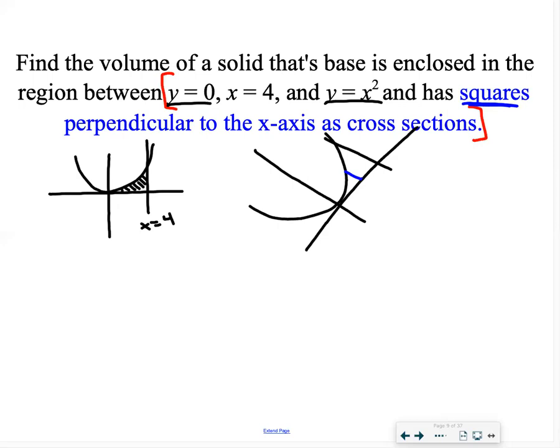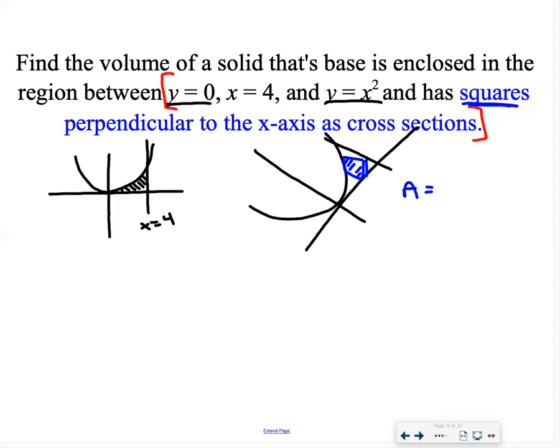So if I draw a little square right here, that square is going to have a little depth to it. I want to basically take a square and knife through this section, and there's going to be an infinite amount of these squares that I'm going to cut. So you would want to take the area of this times the depth of this. Let's find what the area of that cross section would be first.